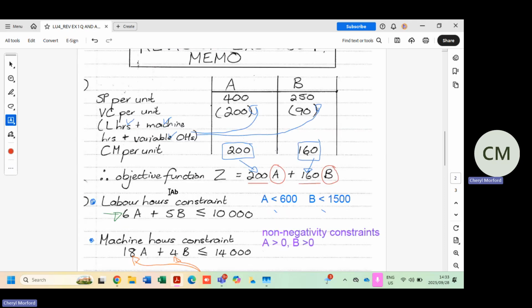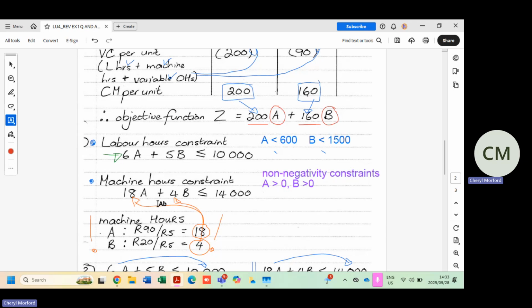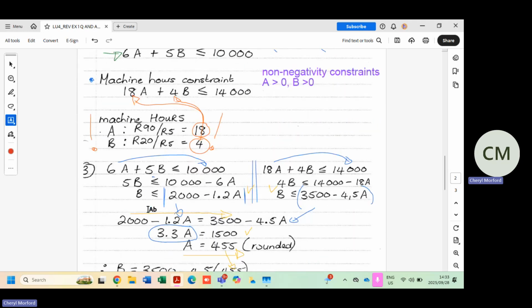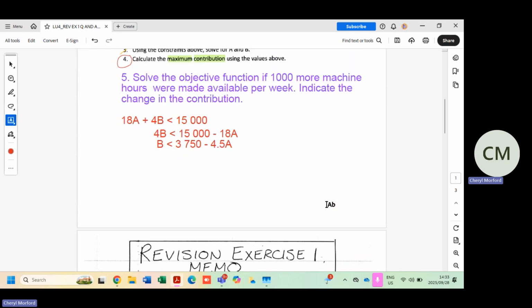Let's see what it was before. It was 18A plus 4B less than or equal to 14,000, which when we wrote it was B less than or equal to 3,500 minus 4.5A. What have we got now? That's our new constraint. So what's the next step?